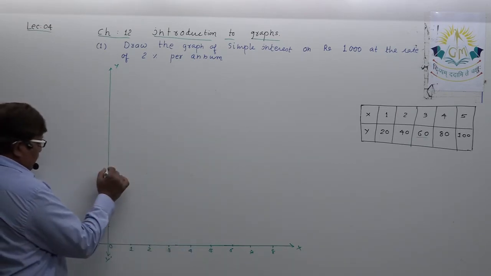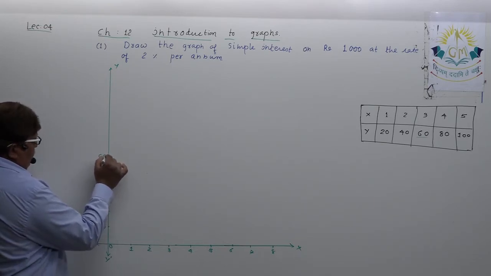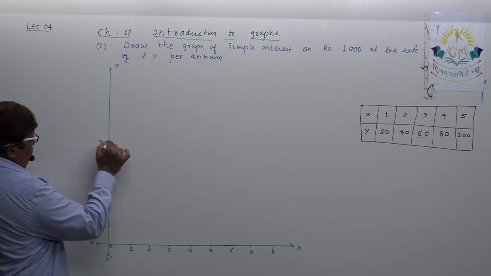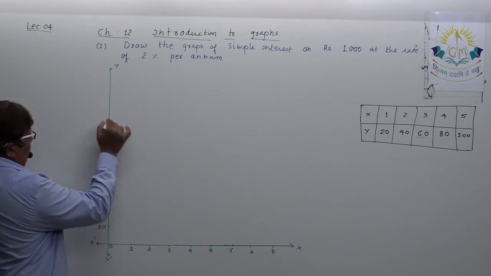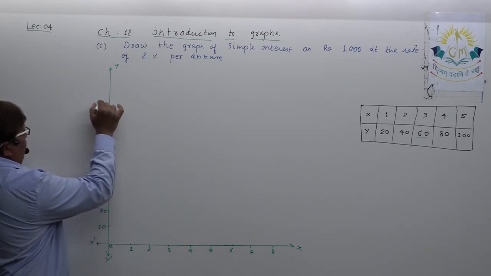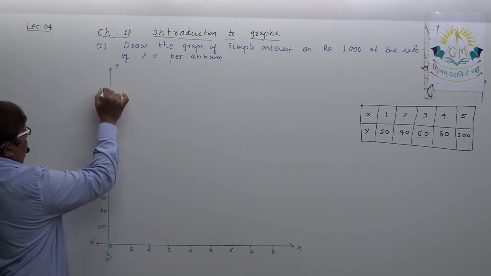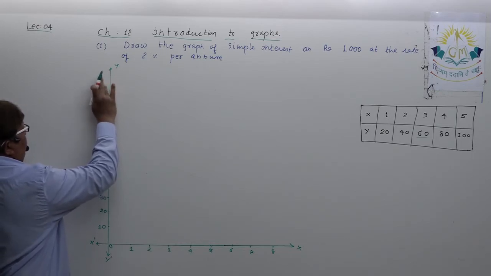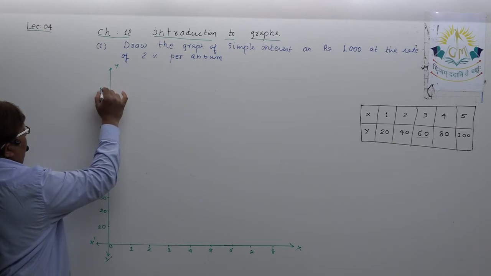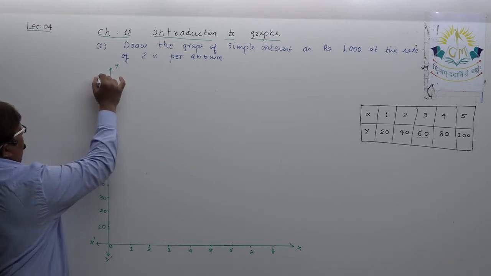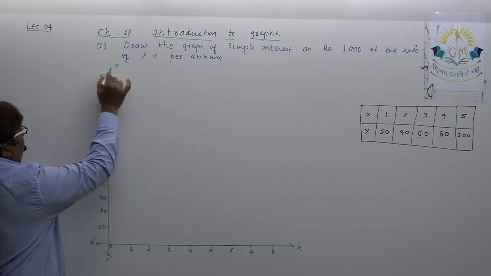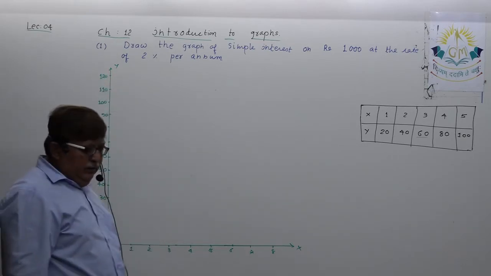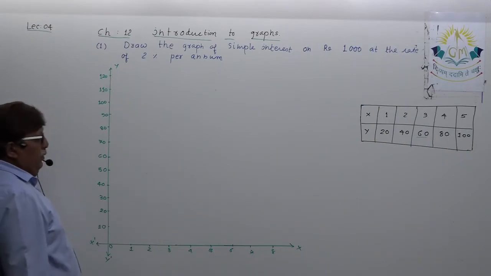Then 50, 60, 70, 80, 90, 100. If boxes are available, 110, you can write up to the end, no problem at all. 120. I have this many boxes as per my estimation.